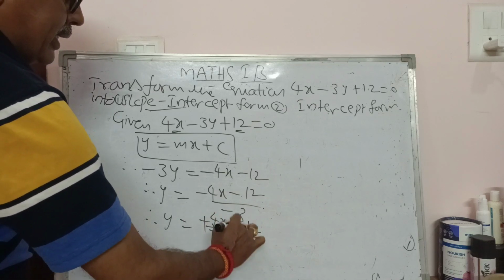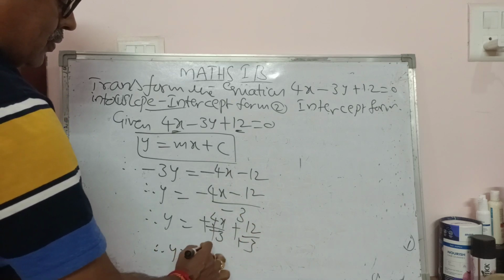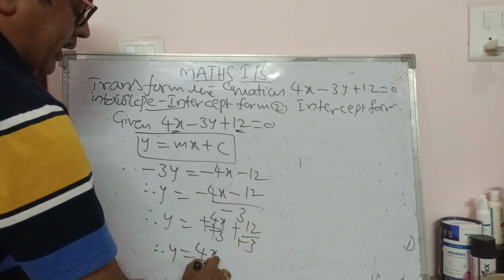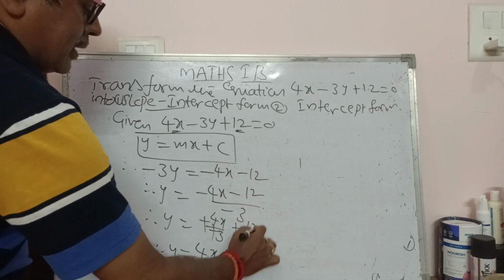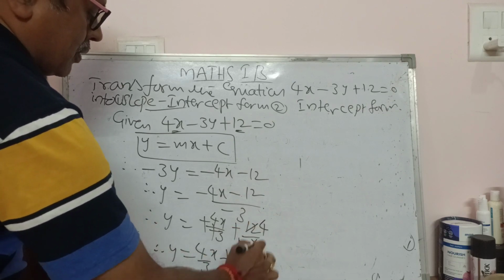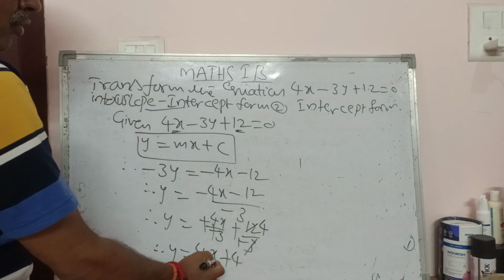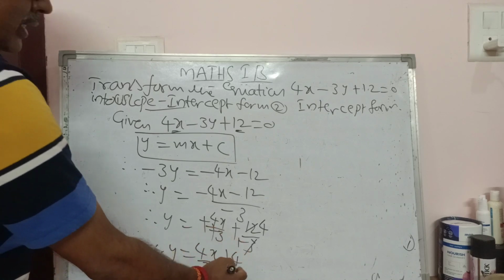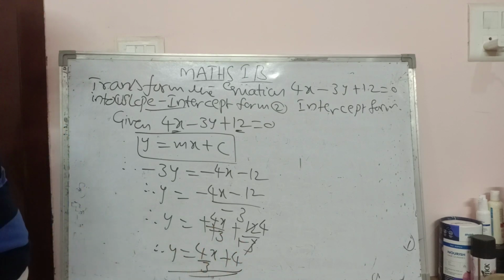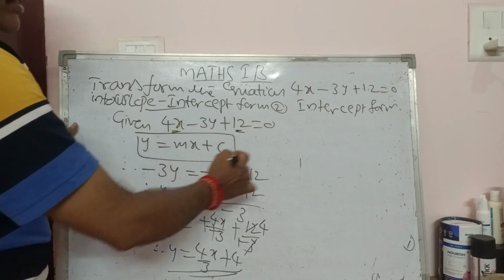So, minus gets cancelled here. Therefore, y is equal to 4 by 3x plus, 3 fours are 12, plus 4. y is equal to 4 by 3x plus 4. Now it is in the form of y is equal to mx plus c. That means we have brought this equation into slope intercept form.